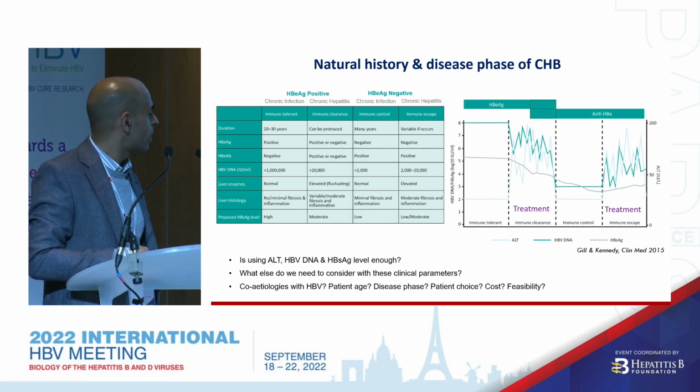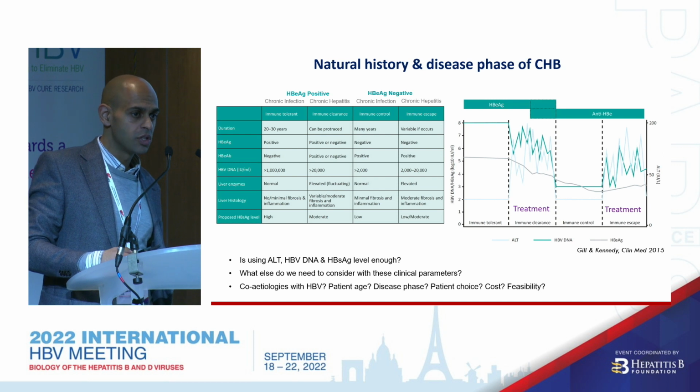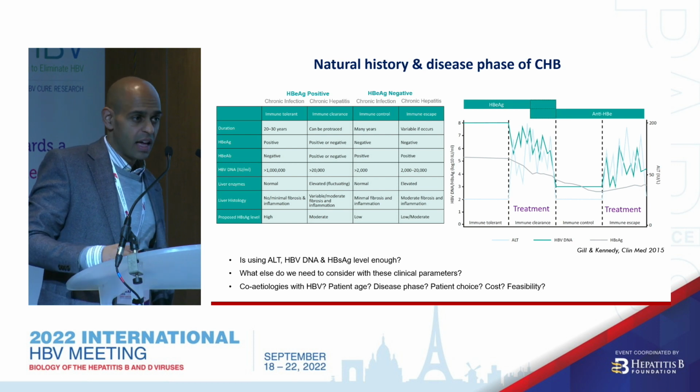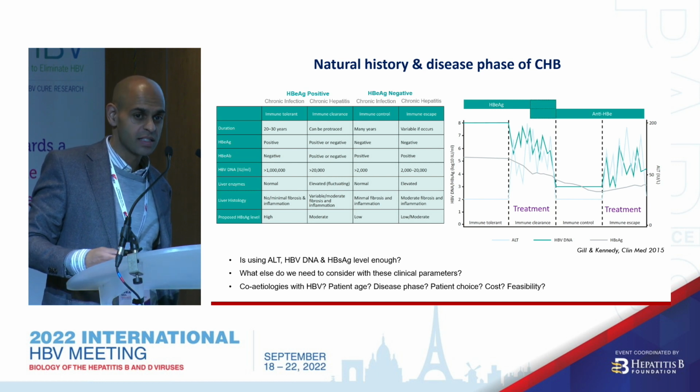I did just want to go back to co-etiology, because in a lot of patients where we're looking at ALT now, the ALT elevations may not be due to hepatitis B. They have very low levels of HBV DNA and they have a raised ALT. Is that because they've got some amount of fat in their liver?